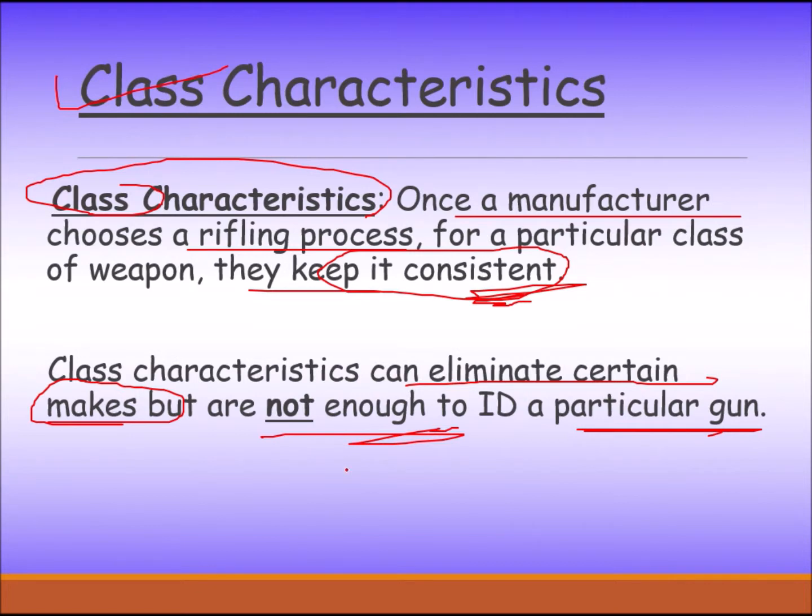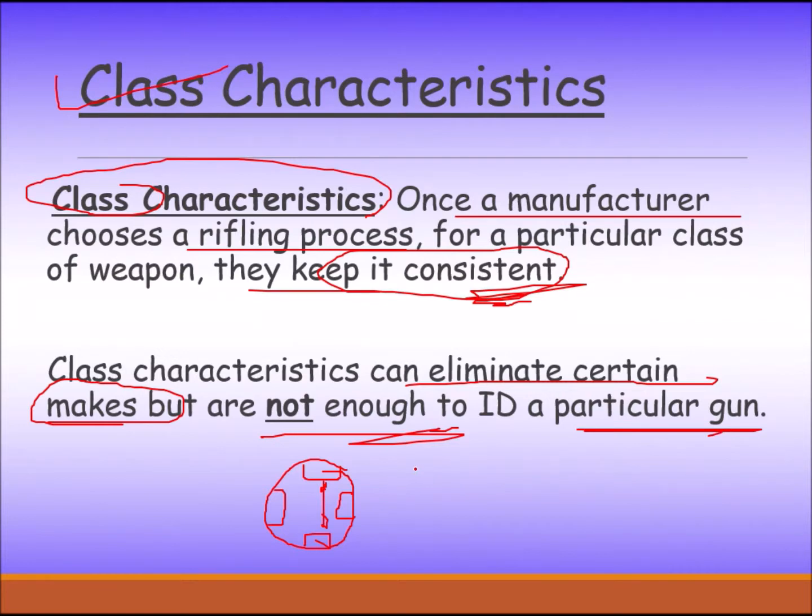The class characteristics can be the caliber of the firearm. Caliber is the distance between two lands. So these are lands, and in between lands there are grooves. The class characteristics can include the caliber of the firearm, number of lands and grooves, width of lands and grooves, and the twist.